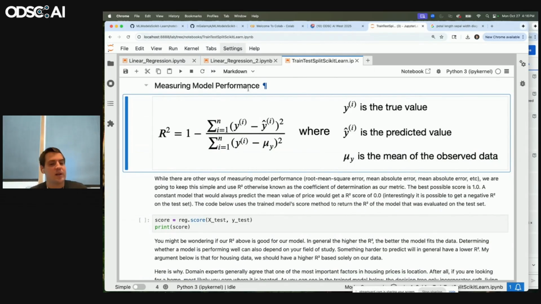It looks really scary, honestly. R-squared is equal to 1 minus the summation of your true value minus your predicted value squared for all your samples. So if you have 100 rows, you basically just take the difference between the predicted minus the actual squared, and then that's over the true value minus the mean value of your observed data, essentially.